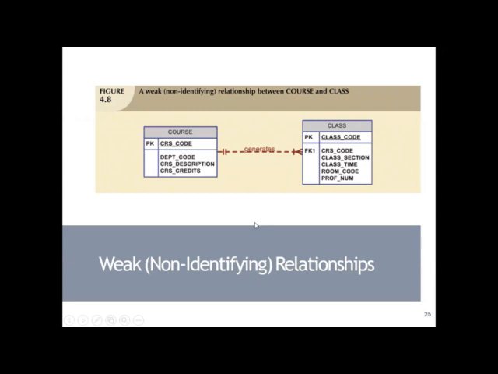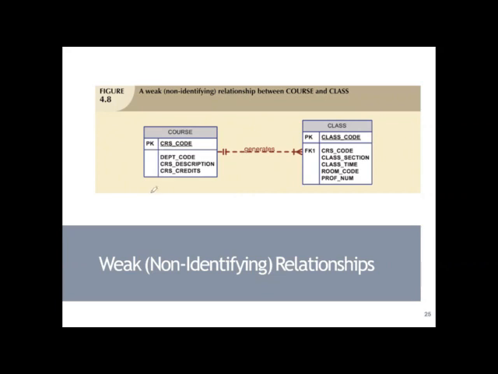In this slide, we can see a weak relationship between course and class. Why can we call this relationship weak entities between courses and class? As we see, the entity course has many attributes.